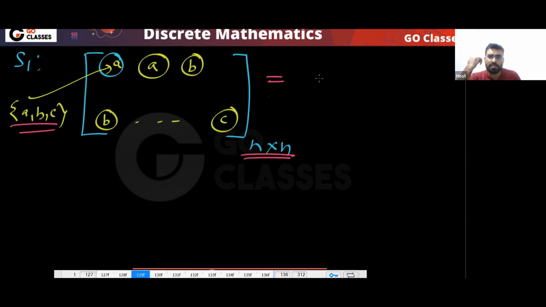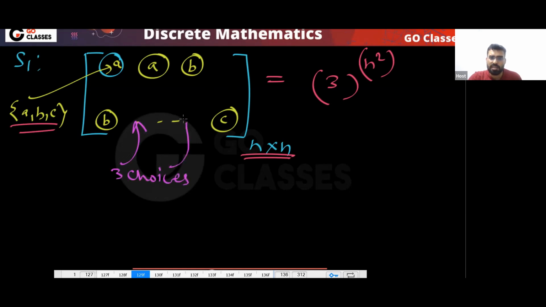For every position, you have 3 choices, and there are a total of n square positions. Whatever position you take, there are 3 choices. So this is your S1.